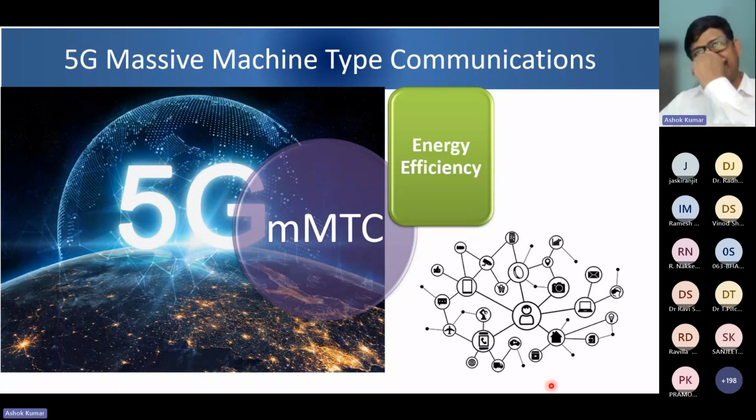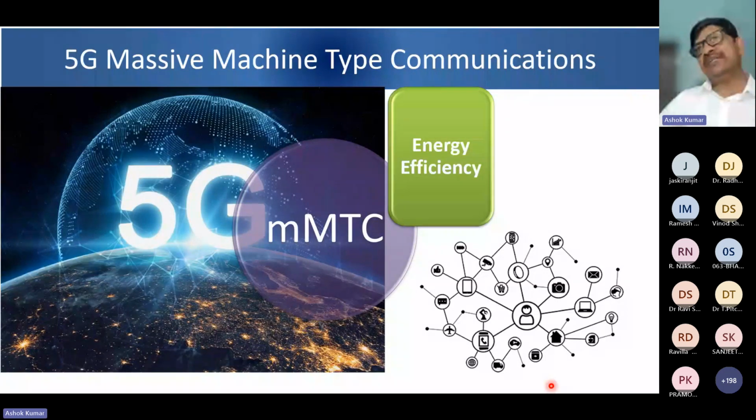So for example, if I take one example in 4G phones, if you look at the standard of 4G, it says that your device should support the entire 20 megahertz channel bandwidth.